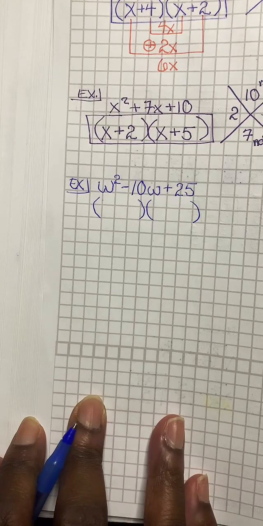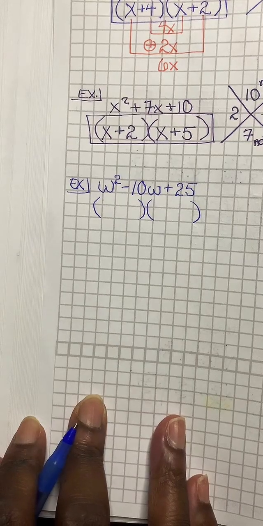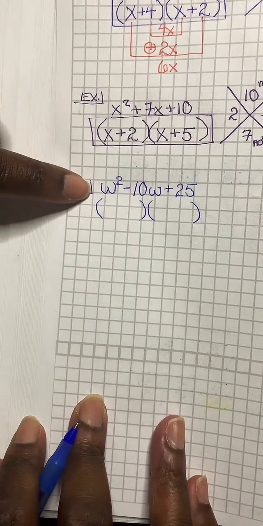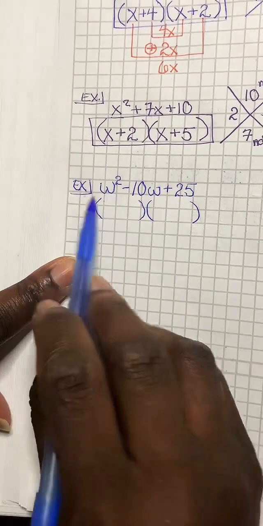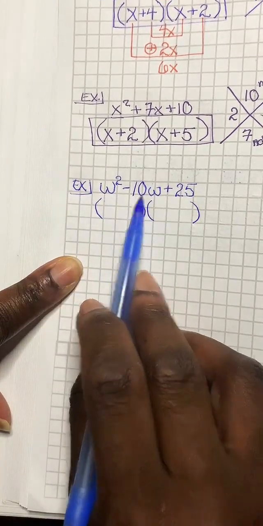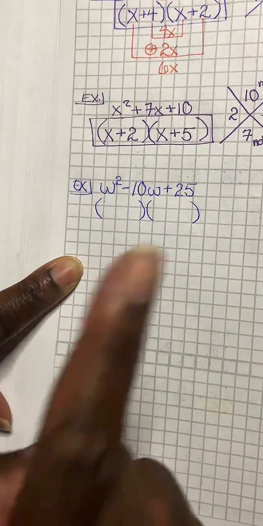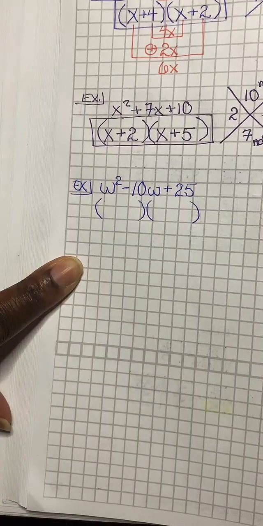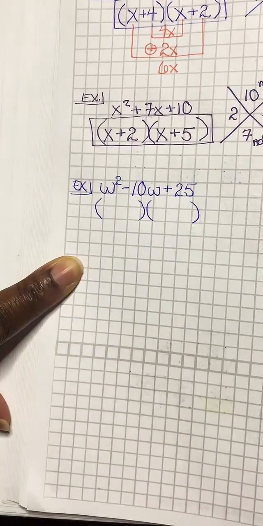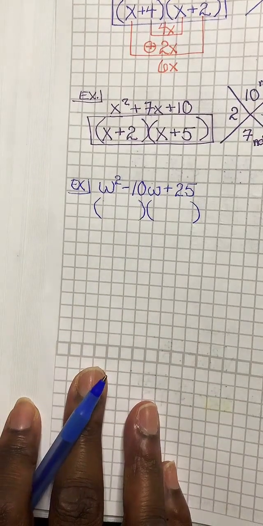Do you ever find the GCF for factoring trinomials? For these, no. Because if I looked at my original, the only thing that 1, -10, and 25 have in common is 1. So the answer to, do I have a GCF for these, will be no. Okay, good question though.